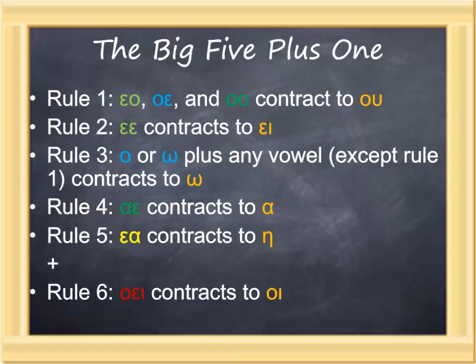We have identified 5 rules that explain the origins of the contractions omicron upsilon, eta, omega, alpha, eta iota, and omicron iota. Being familiar with these rules is necessary to fully unpack the forms.